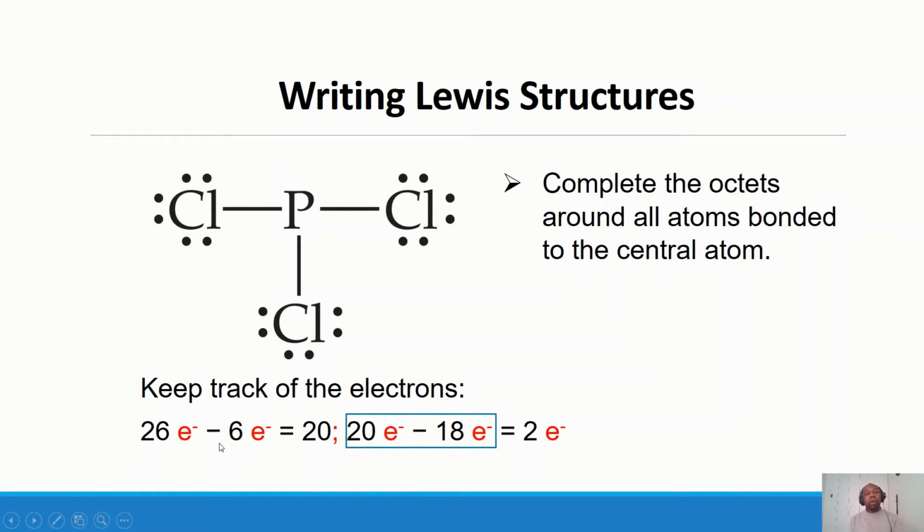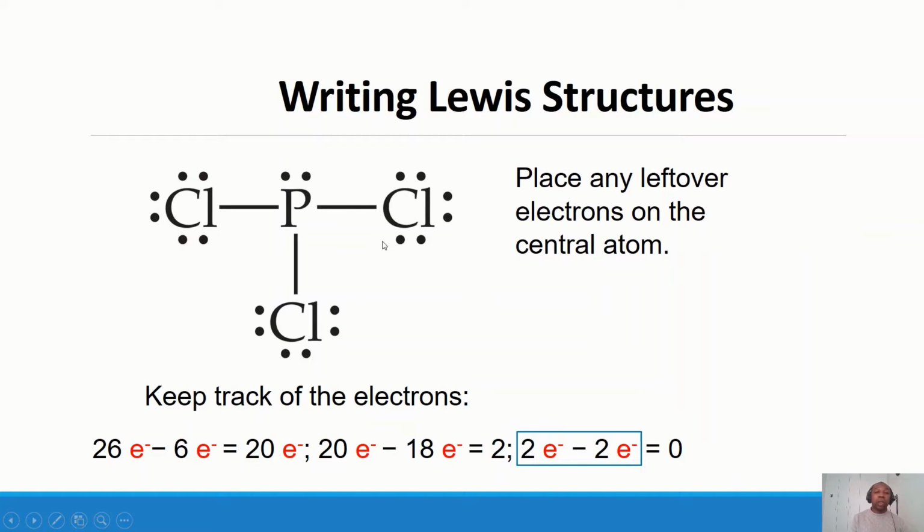If you are keeping track of the electrons, we have 1, 2, 3, 4, 5, 6, then 12, then 18. That means we subtract 18 from 20, which gives us the 2 electrons that are remaining.